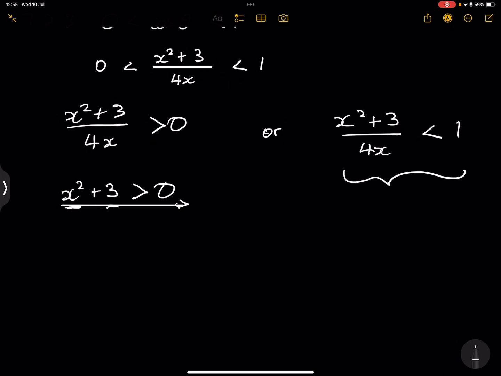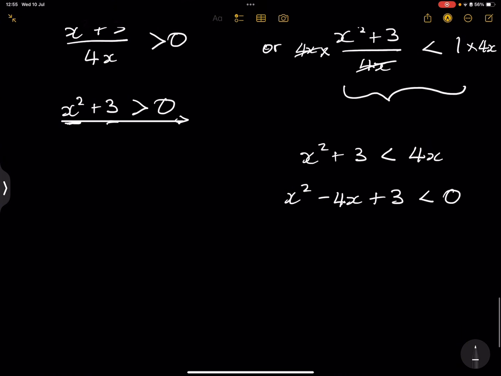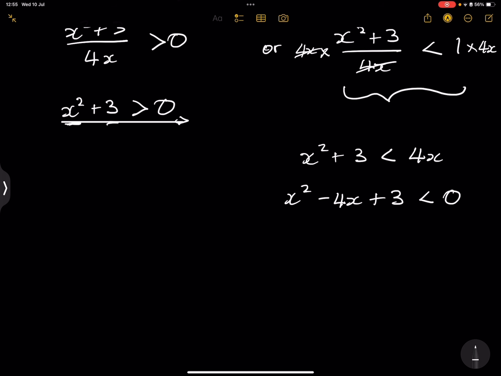So now if we multiply by 4x, what I do on the left, I do on the right. Okay, so we've got x squared plus 3 less than 4x. So let's put it in standard quadratic form. That's x squared minus 4x plus 3 is less than 0. Right, now I want you to please note, when we go back to inequalities, we're going to have to find our critical values there. Okay, so we've got x and x, we've got 3 and 1, right?